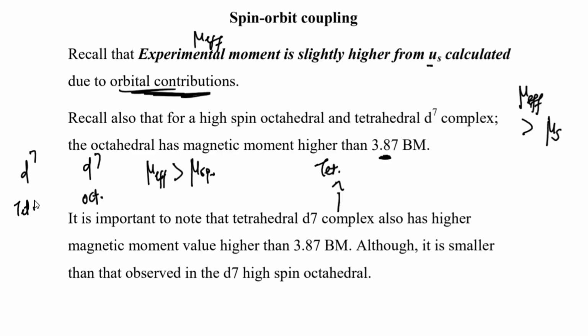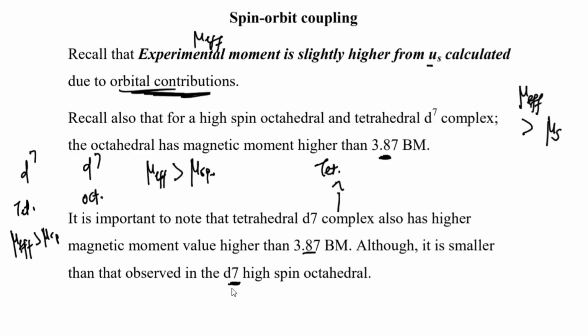So because in this one there's no orbital contribution, we do not expect that the mu effective to be greater than mu spin. We do not expect that. But in the actual sense, we saw that after experiment, it was shown that this D7 tetrahedral also has a higher magnetic moment, higher than this, although it is smaller than that observed in the D7 octahedral.